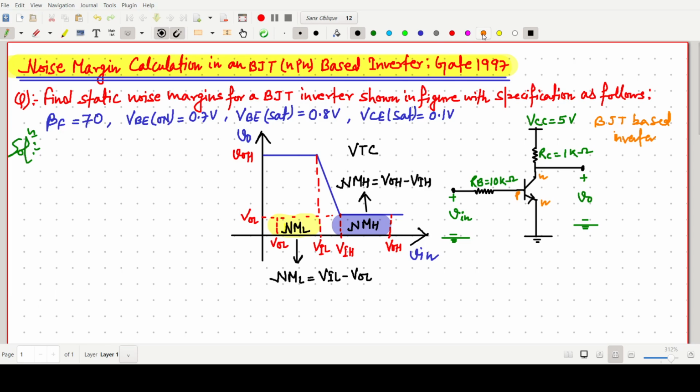Okay, try to just draw the VTC curve, and after that you can write the noise margin formula.